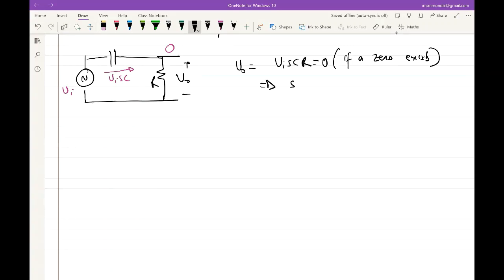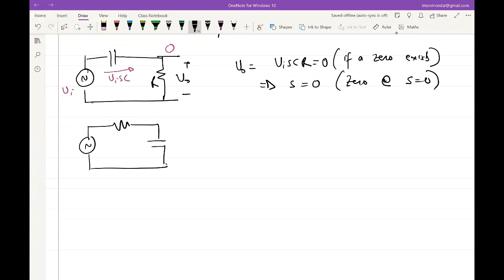Then what value of S satisfies this? S equal to 0 satisfies this. So this means a 0 at S equal to 0. Right? So that we already know from our full-blown analysis. You can find the transfer function. You see that there is a 0 at DC, right?